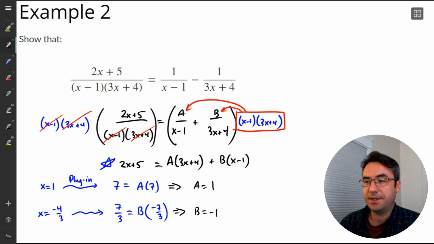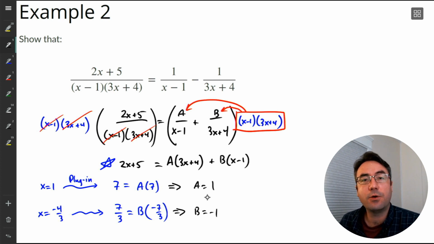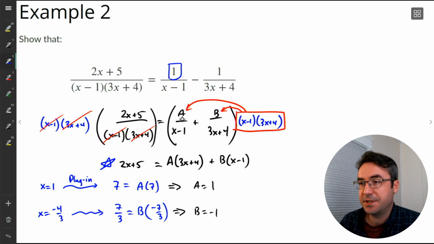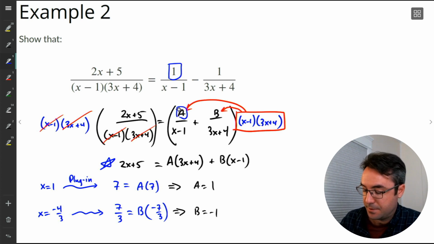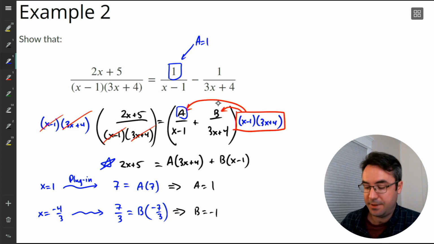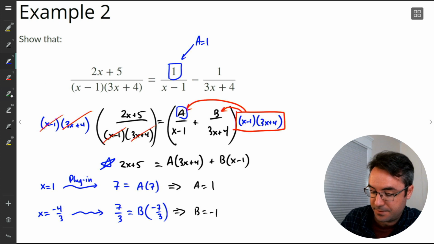And so what did we find? Going back to our original decomposition, we found that our a coefficient was 1 and our b coefficient was negative 1. And that's exactly what we have here. So this is matching these up. We're seeing here that a is equal to 1, and that b is equal to negative 1.